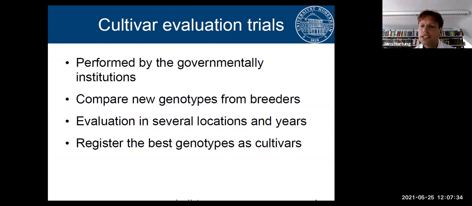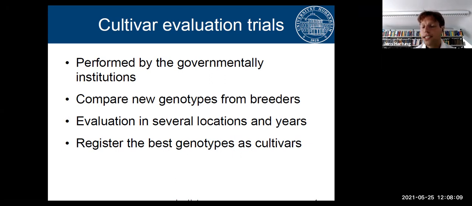Normally these trials are performed by governmental institutions. In Germany, this is the Bundessortenamt. I have data from Argentina, I think. The aim is to compare new genotypes submitted by breeders, and they are normally evaluated at several locations in a target region, for 2 or 3 years. In Germany, for wheat it's 3 years, for most other crops it's 2 years.